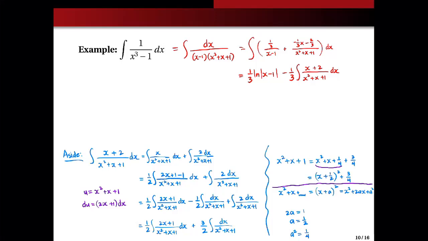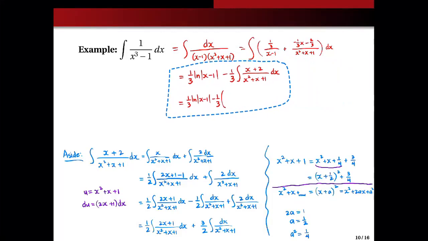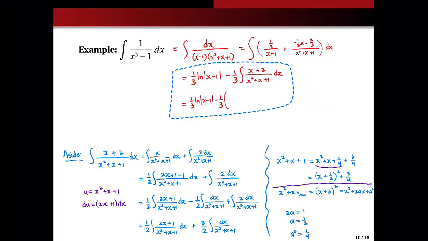So what about that now? This guy here equals 1/3 ln absolute value of x minus 1, then minus 1/3 quantity. You write this. So I think I'll adjust. I will need some space here. So I have 1/3 times this guy here.